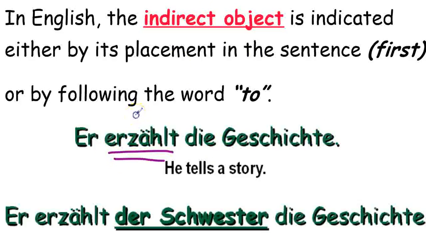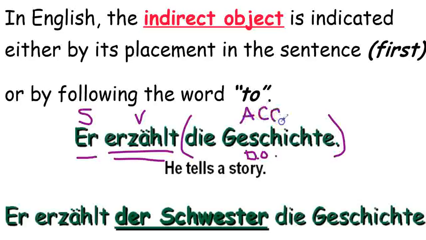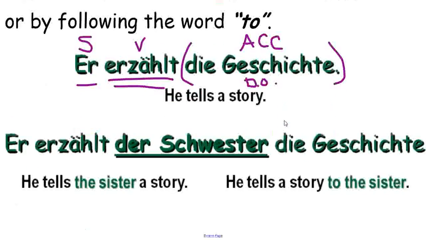Erzählt is the verb. Who or what erzählt? He is the subject. He tells who or what? He tells the story, which is the direct object, or in German, the accusative case. Now adding this dative case to that: he tells what?